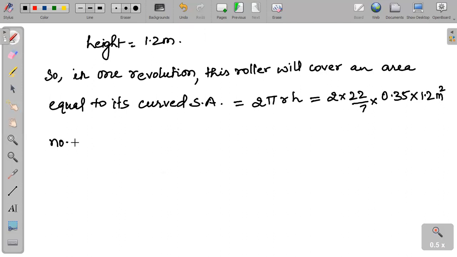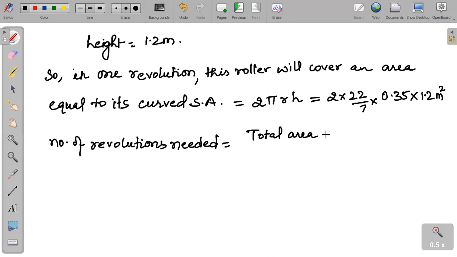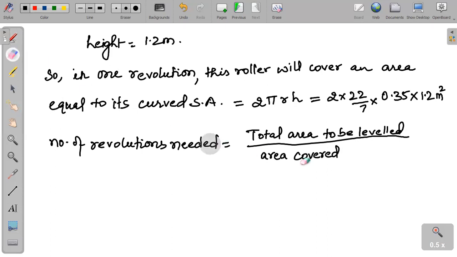Number of revolutions needed is equal to total area to be leveled divided by area covered or leveled in one rotation, area leveled in one revolution.